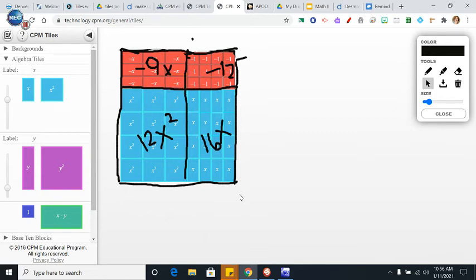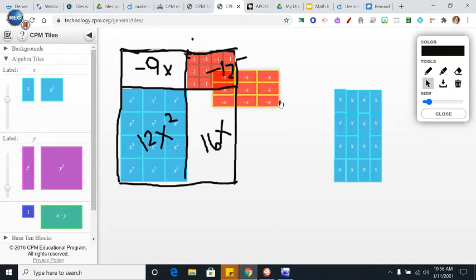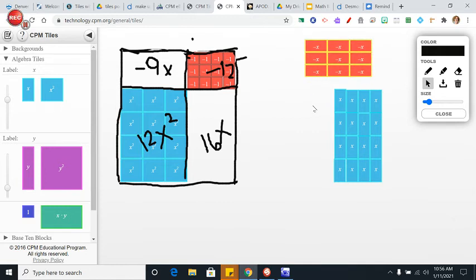Okay, there we go. If I combine these together, -x and +x, that's going to cancel out, right?